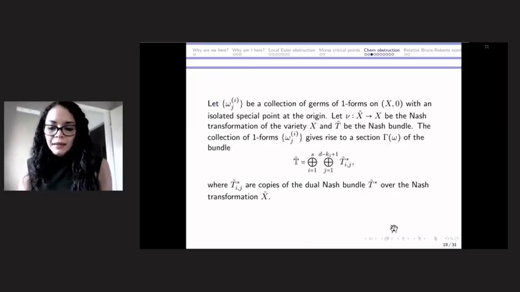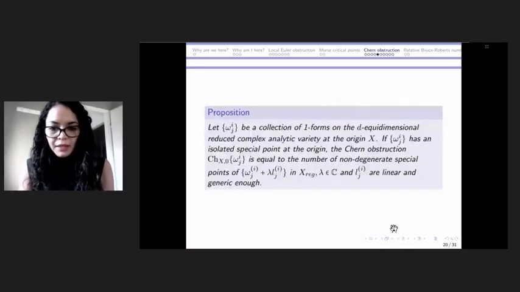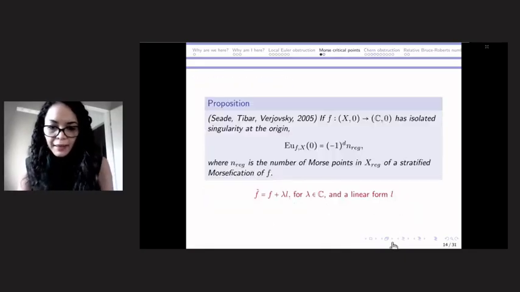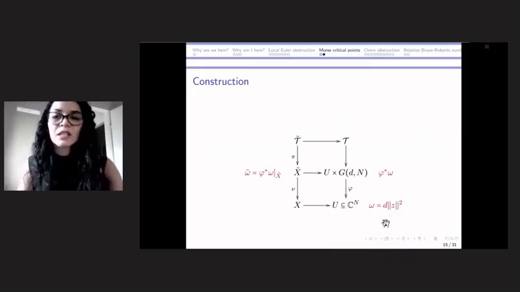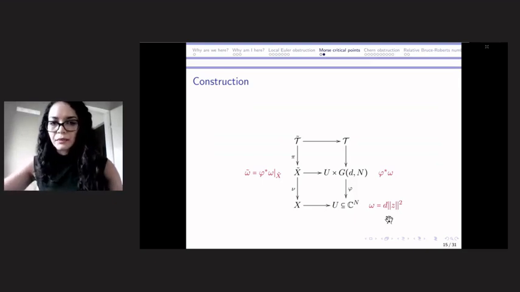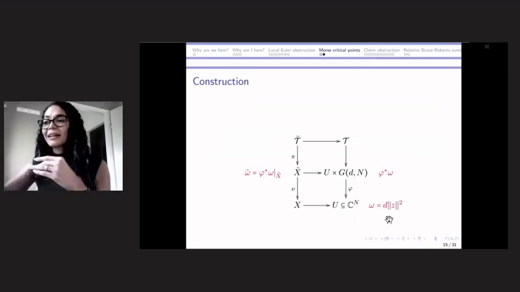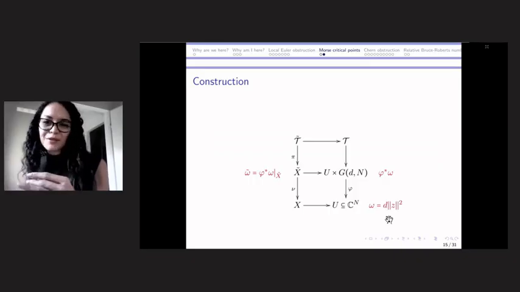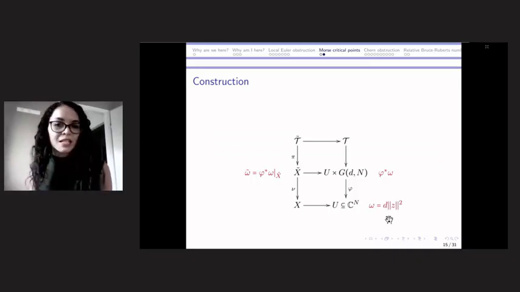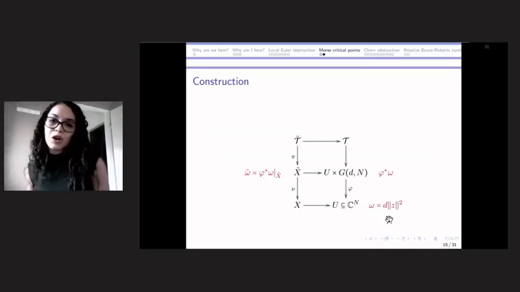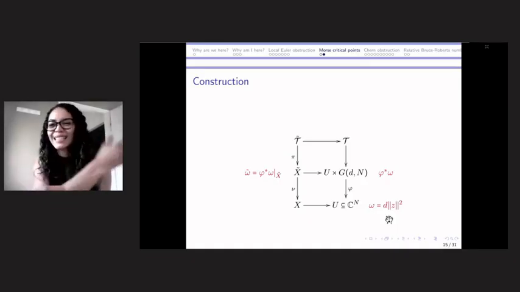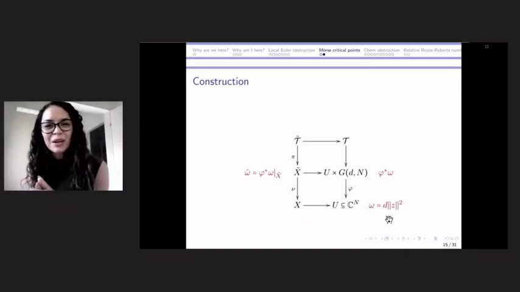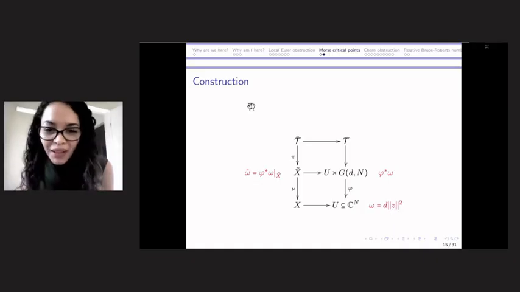So let me see. I don't have the diagram here. I will go back there. Okay? So if we have one differential form, we can produce a section of the dual Nash bundle. Right? Now we have several differential forms in sub-collections, and each one of those differential forms gives us a section in the dual Nash bundle. So now what we have is not only one Nash bundle.